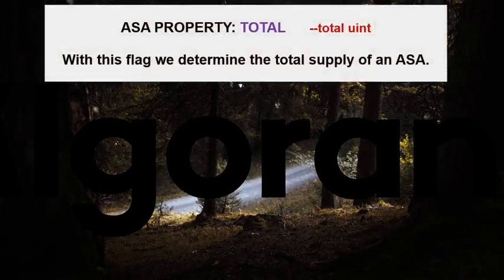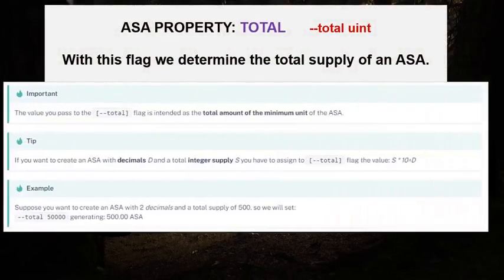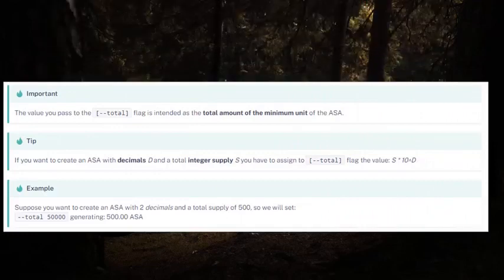Total. With this flag we determine the total supply of an ASA. Note: the value you pass to the total flag is intended as the total amount of the minimum unit of the ASA. Tip: if you want to create an ASA with decimals d and a total integer supply s, you have to assign to the total flag the value of s multiplied by 10 to the power d.